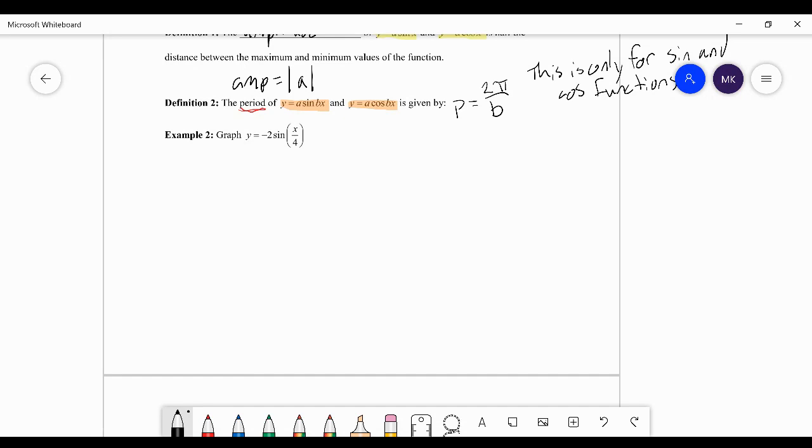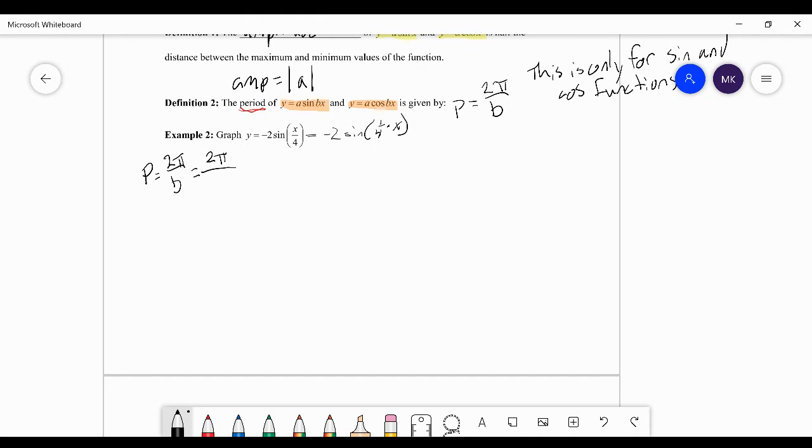Now, we need to figure out what our period is. We know by definition that our period is 2 pi over b. In this problem here, our b value is 1/4. If you're not sure about that, the reason why is because we can write this as -2 sine of 1/4 times x.